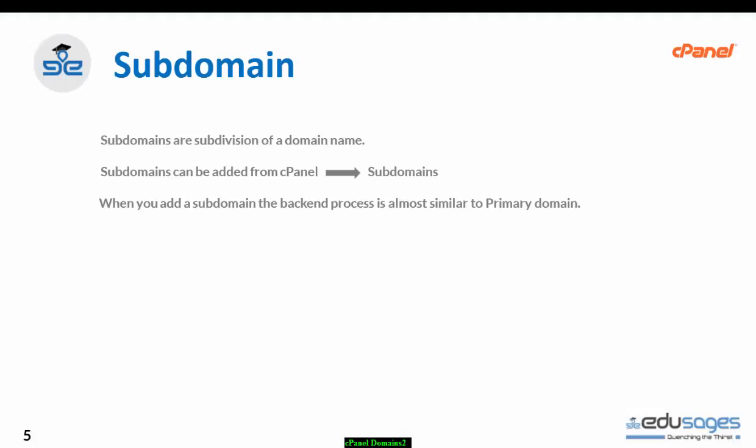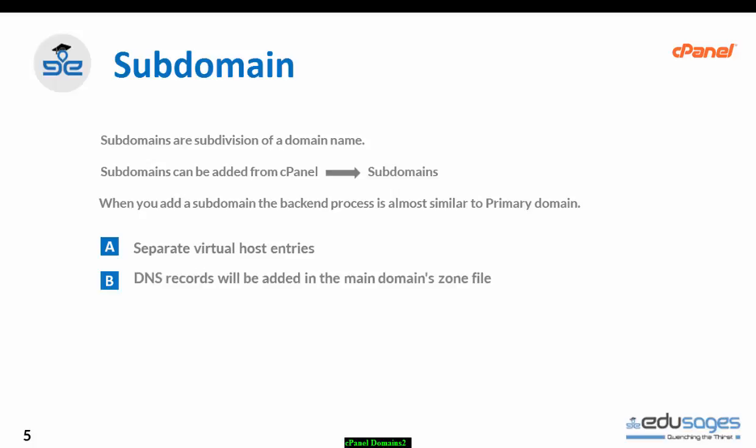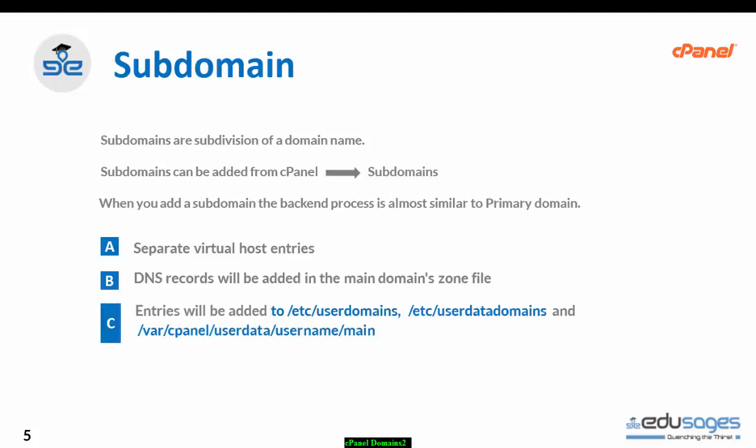When you add a subdomain, the backend process is almost similar to the one when we add a primary domain. Separate virtual host entries are added to the Apache configuration. DNS records will be added to the main domain's zone file, and entries will be added to the basic files like /etc/userdomains, /etc/userdatadomains, and the userdata main file.